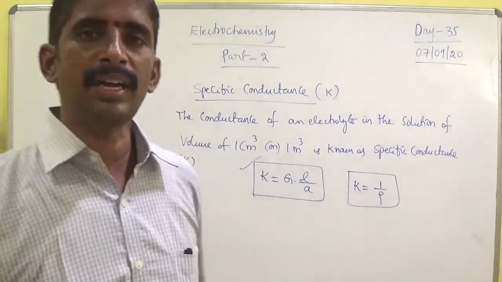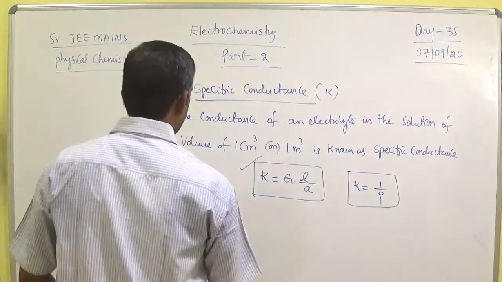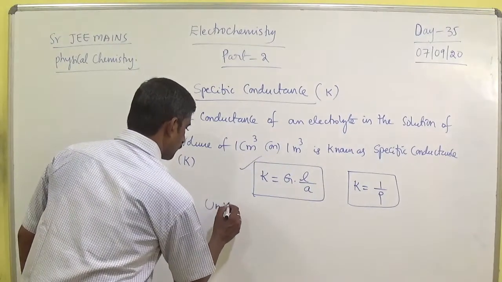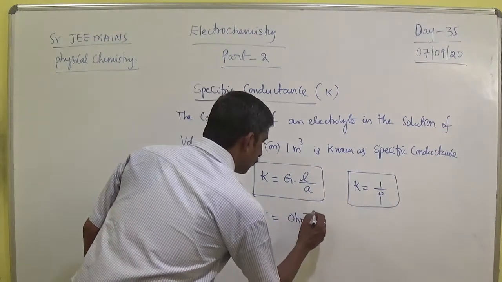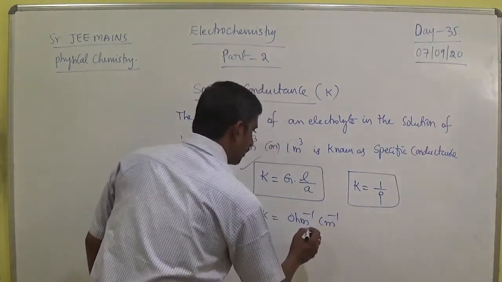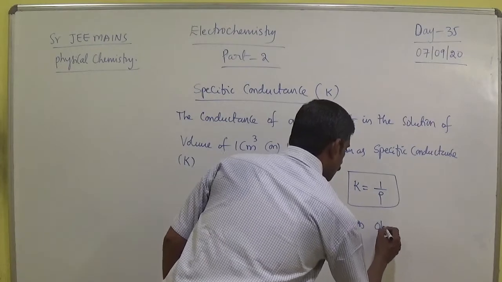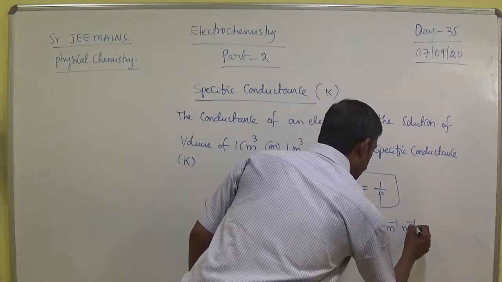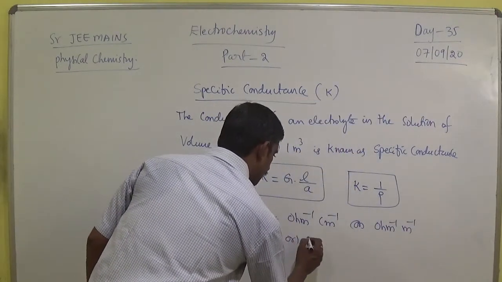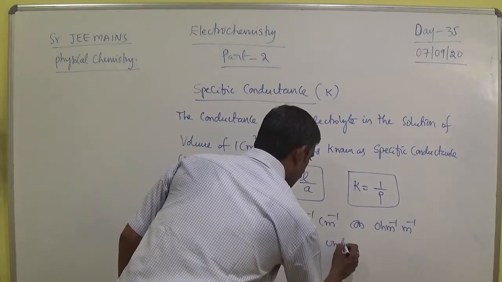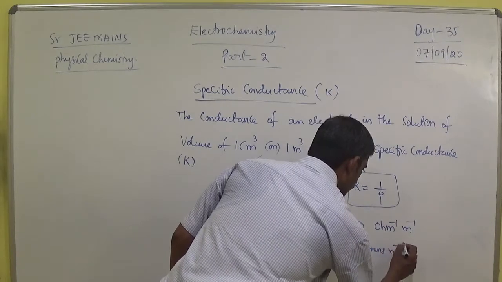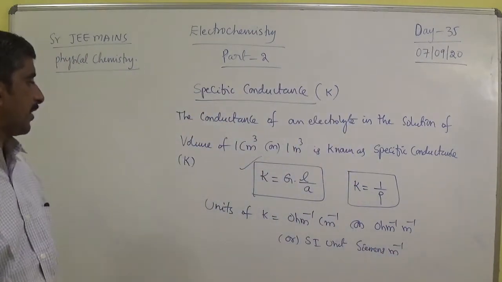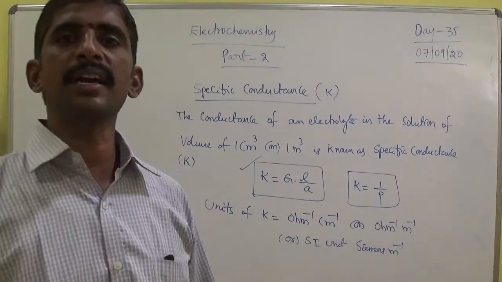Units of K: ohm inverse centimeter inverse, or ohm inverse meter inverse, or the SI unit Siemens meter inverse. These are the different units of specific conductance.